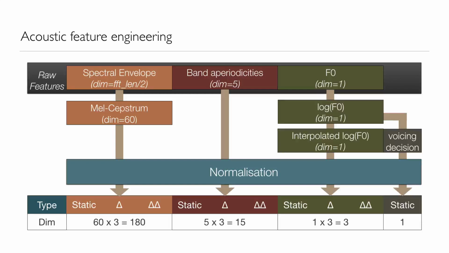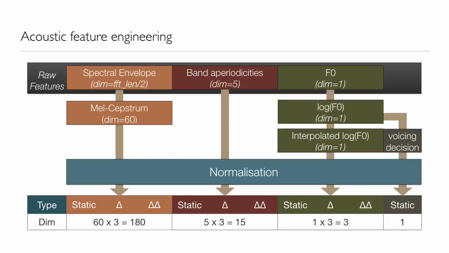I want to mention that all of these processes are inherited from the old HMM-based speech synthesis, so there are many things that we should modify in the future. You can think about how to modify them or research this.